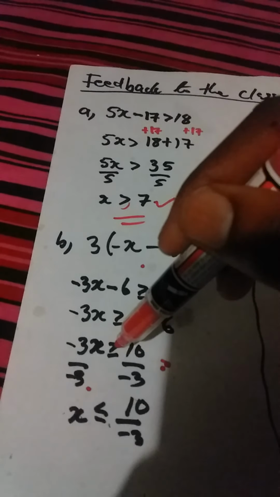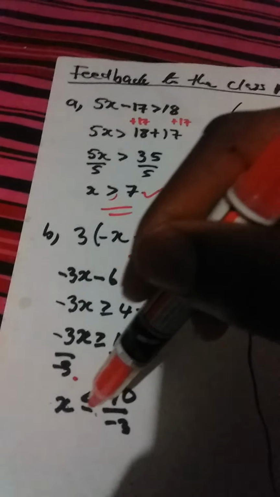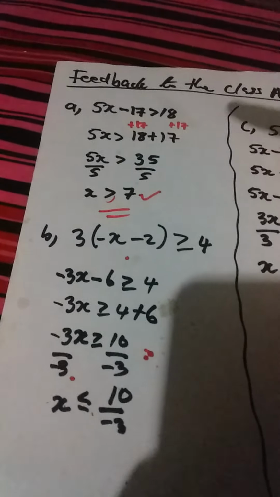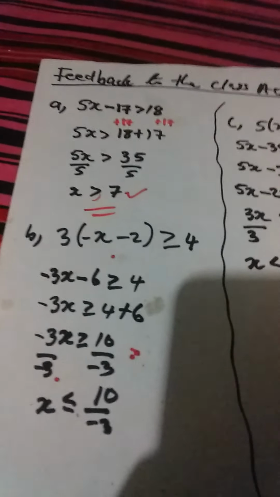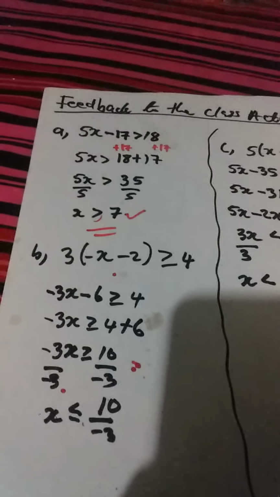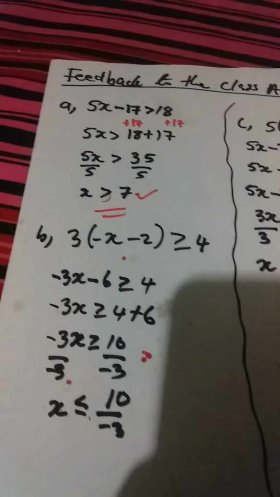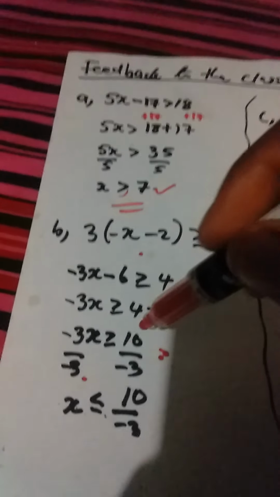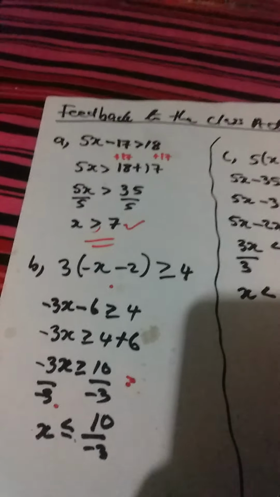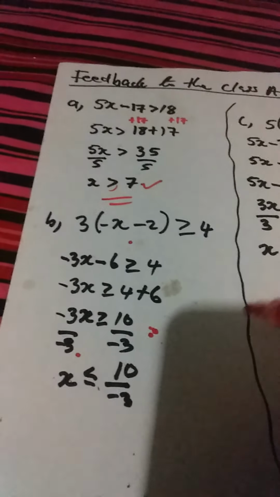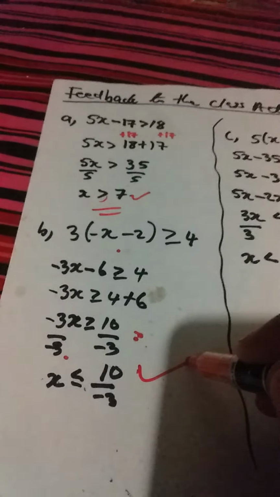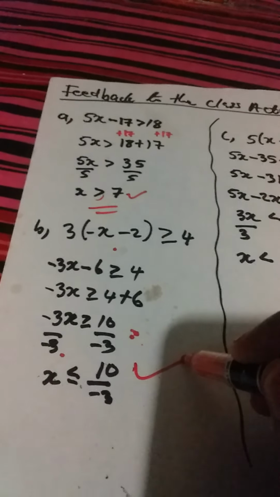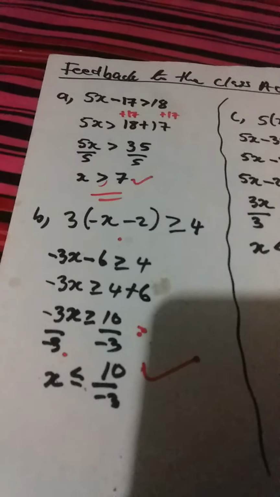It was greater than or equal to, and now it becomes less than or equal to. That's very important. So whenever you multiply or divide with a negative number on both sides of an inequality, you have to change the direction of the inequality sign. So our final answer here will be x less than or equal to 10 over negative 3.